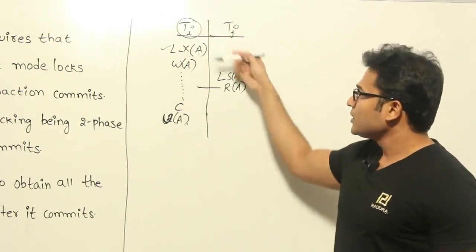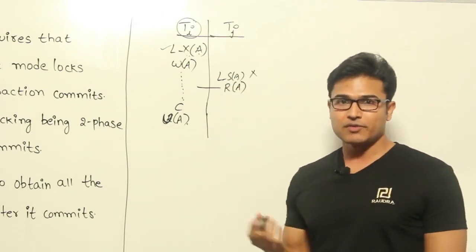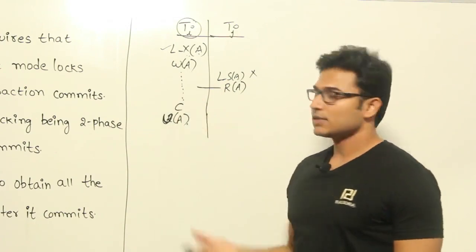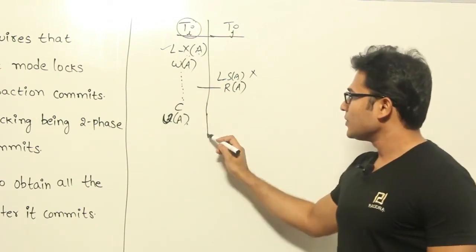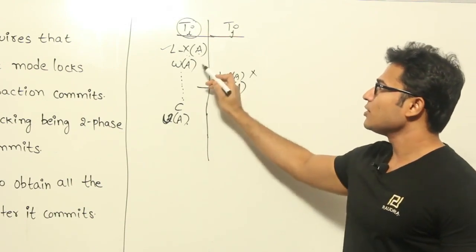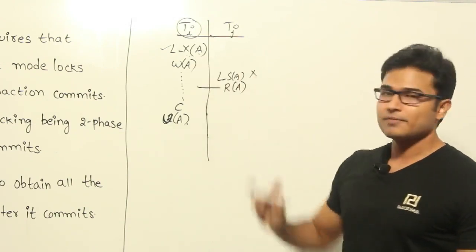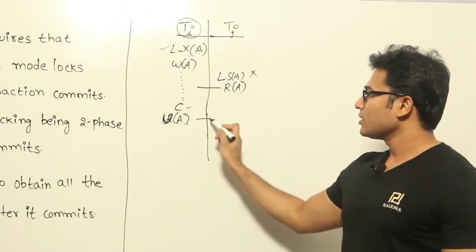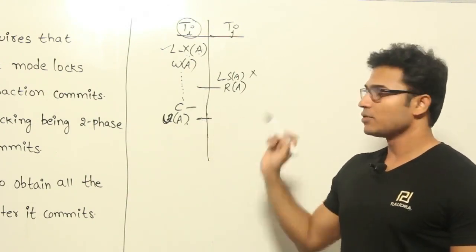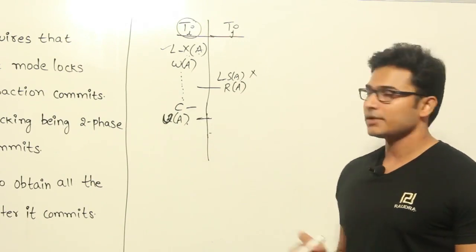By this restriction, you are very sure that the schedule generated is going to be strict. The reason is, if any other transaction has to read or write this data A, then it has to wait until Ti commits and the lock is unlocked; only then can it take it.